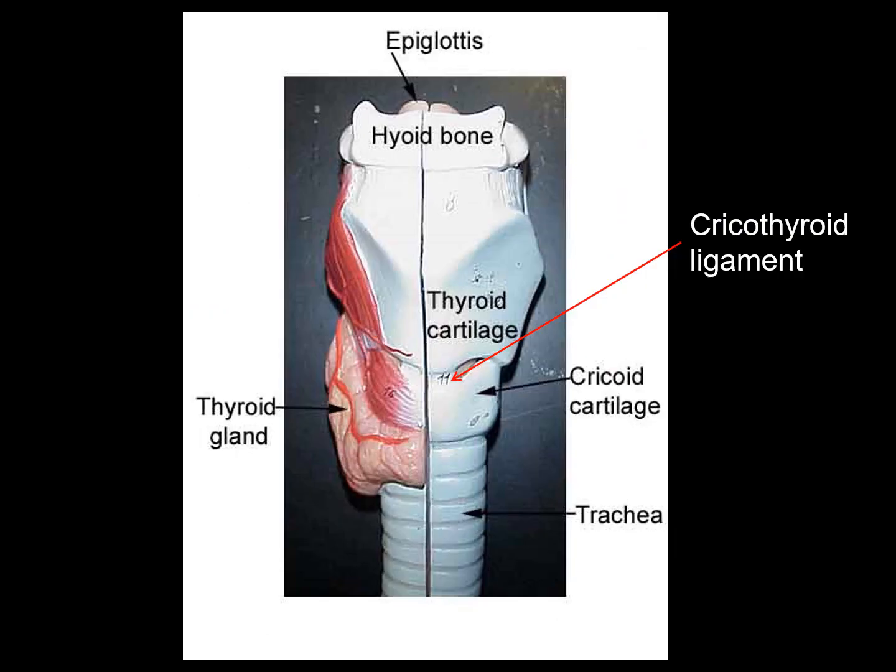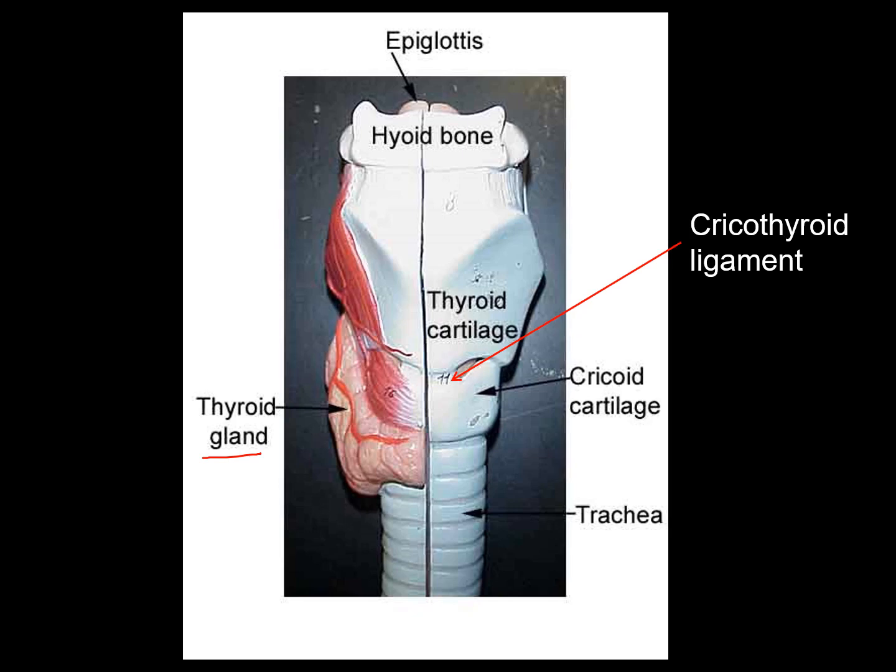So here's the model of the larynx. We're looking at the anterior view again. On the right side, we have all the soft tissue taken away. On the left side, you can see we have the thyroid gland and some of those pharyngeal and laryngeal muscles here. So you can see the two different sides.